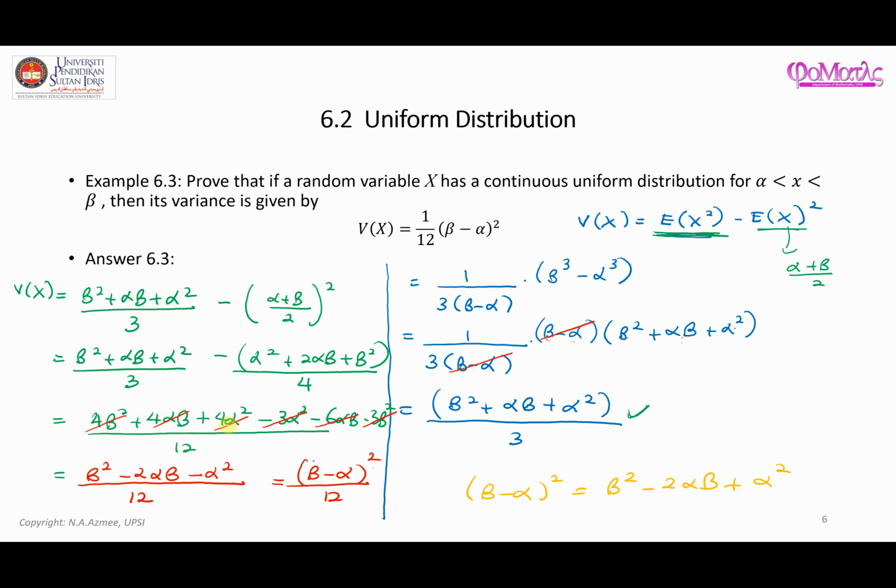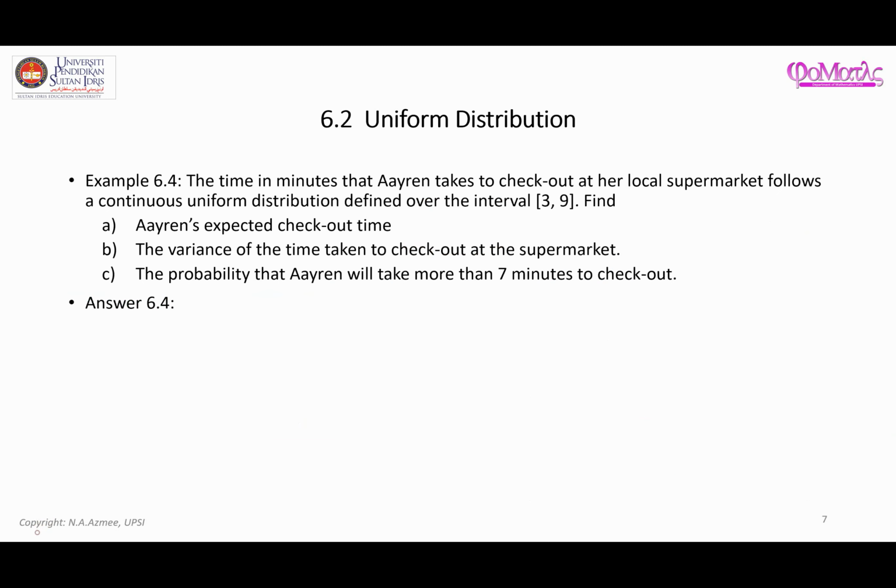This is actually plus, sorry, my mistake, 4 alpha squared minus 3 is positive, so this is positive, and you get this result here. Alright, so there you go. We have managed to prove that the variance of x is given by this one. Now we're just going to apply the results that you have seen here to answer the practical question given here.